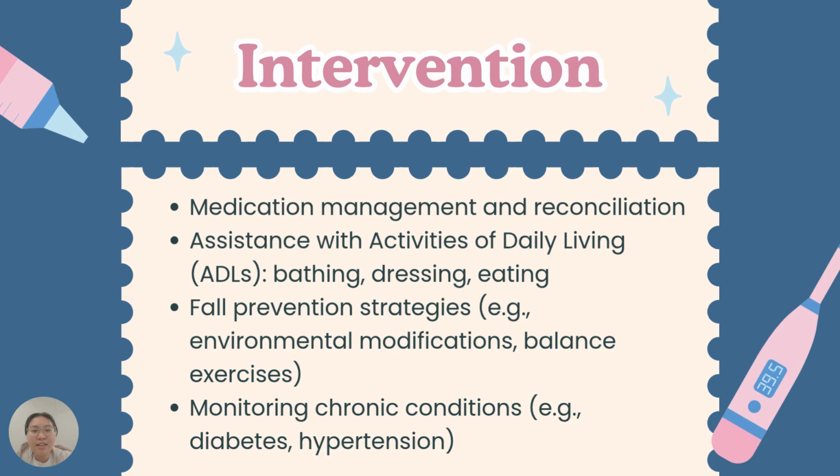For prevention strategies, for example, environmental modifications and balanced exercise; we can talk about the environmental factors later. And then monitoring chronic diseases such as diabetes and hypertension, which can be linked to the first assessment tool, vital signs, where we include blood pressure and blood sugar.